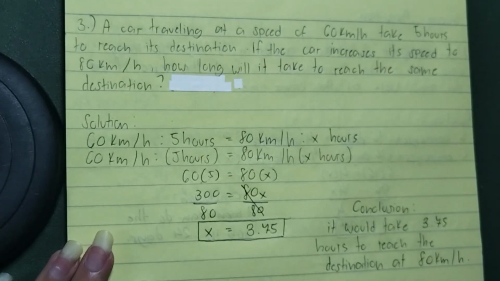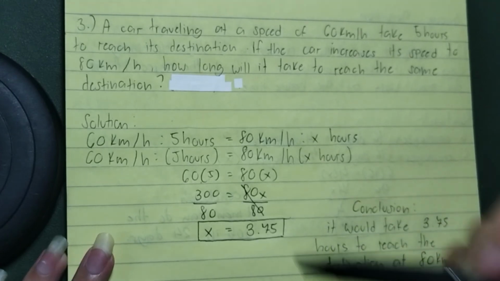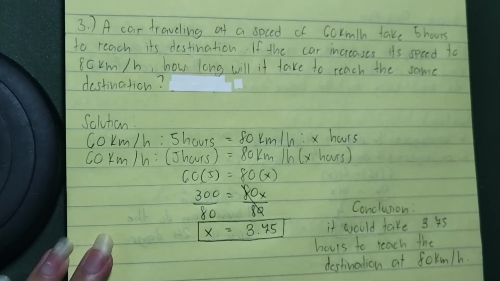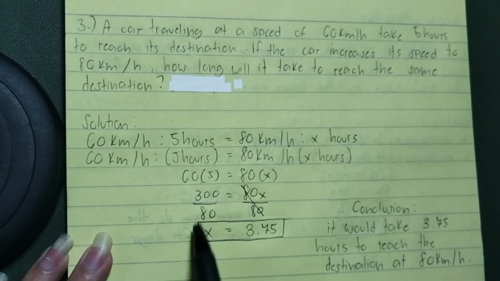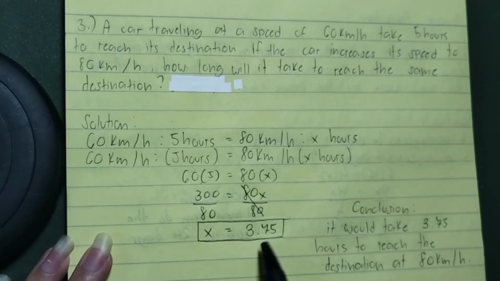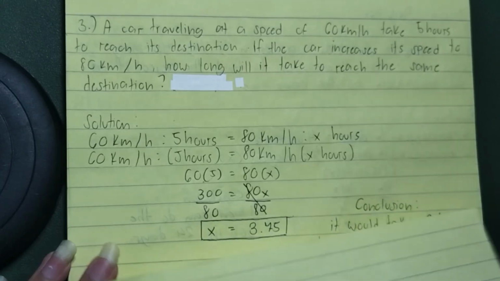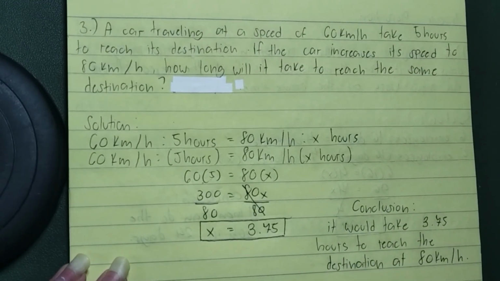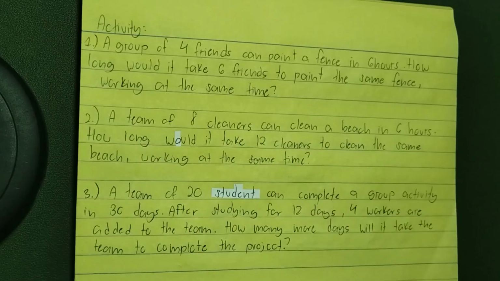And then to isolate x, we should cancel it and divide both sides by 80. So that will give us 300 over 80, which equals 3.75. In conclusion, it would take 3.75 hours to reach the destination at 80 km per hour.